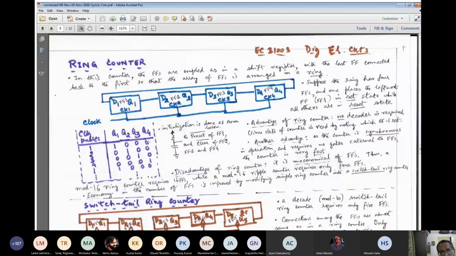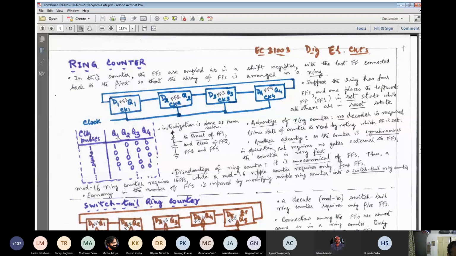Now, what will happen? This set state will advance from flip-flop to flip-flop with the progress of the clock pulses. I have not drawn the waveform diagram, but it is very clear.